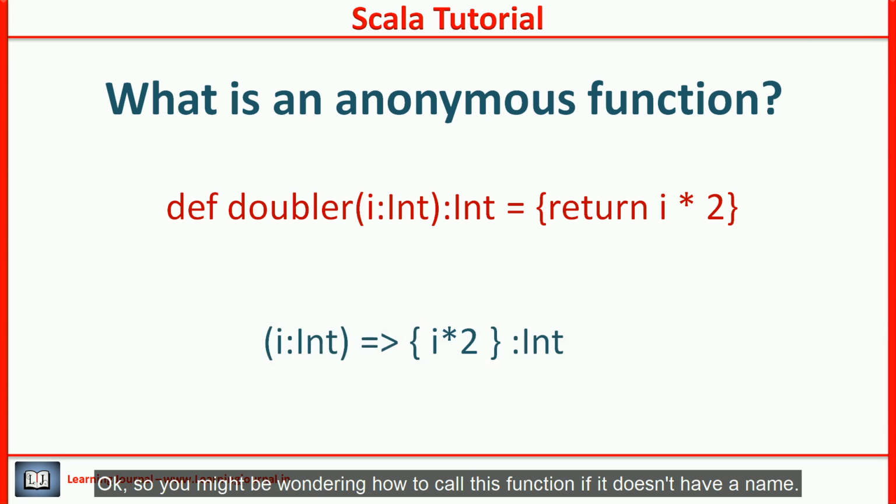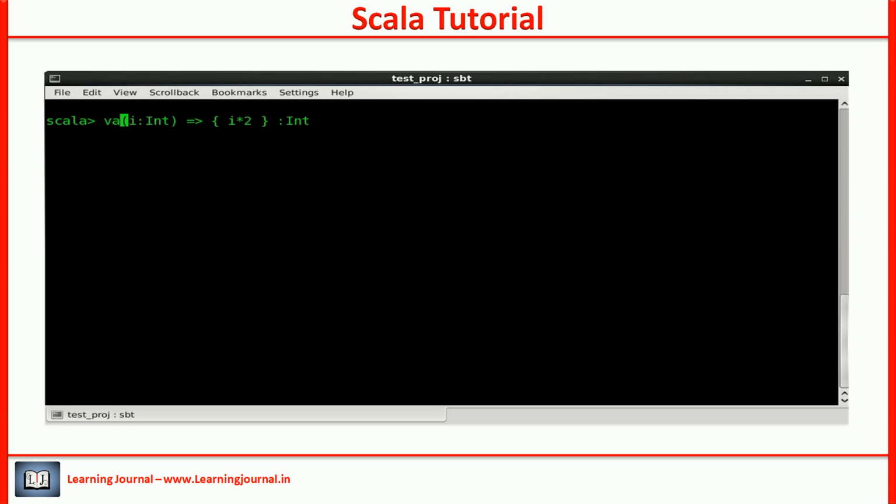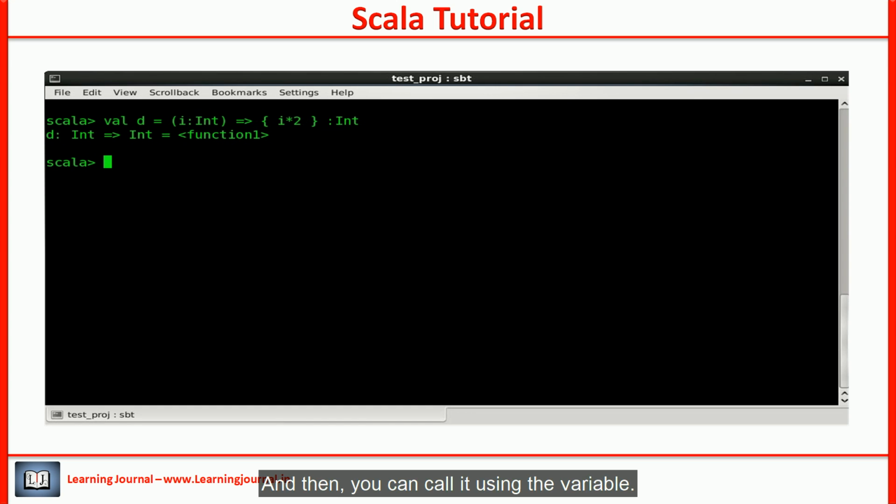Okay. So you might be wondering how to call this function if it doesn't have a name. Well, you can assign it to a variable. And then you can call it using the variable.